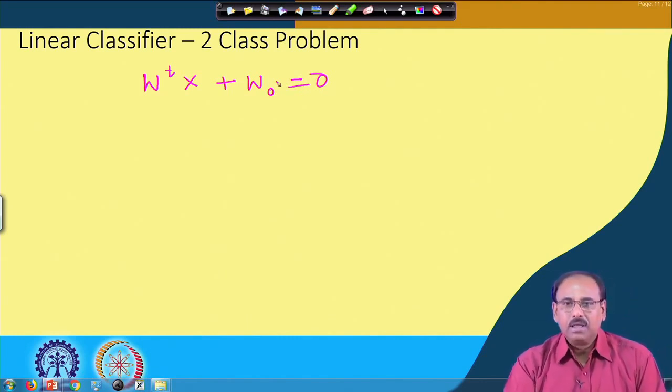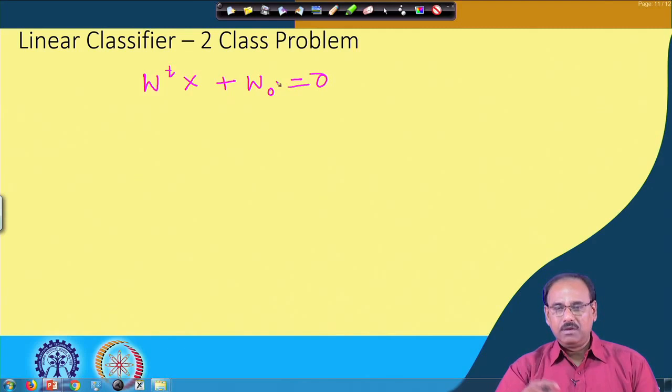And you remember that such a plane divides the feature space into two half spaces. One of the half spaces is positive and the other half space is negative.